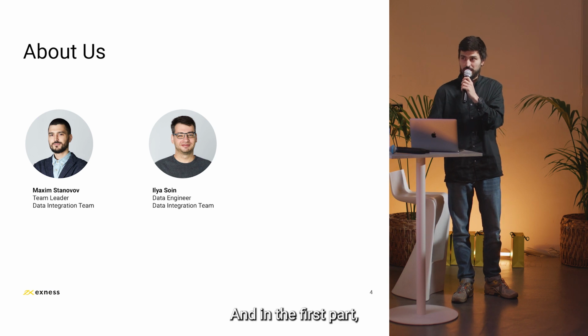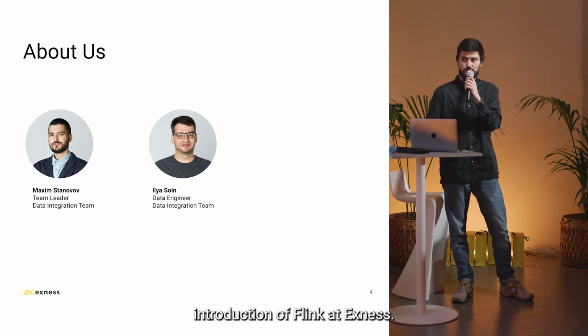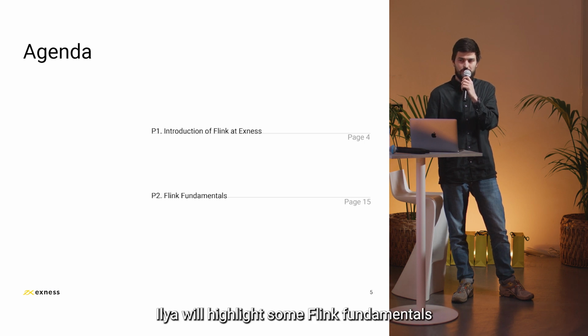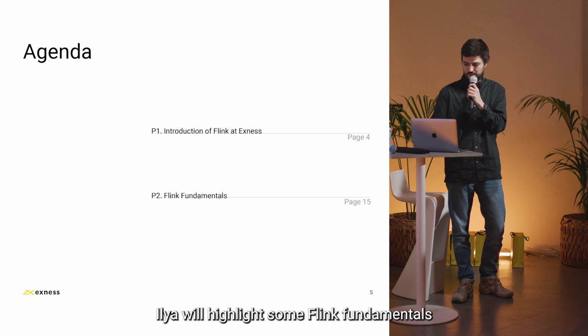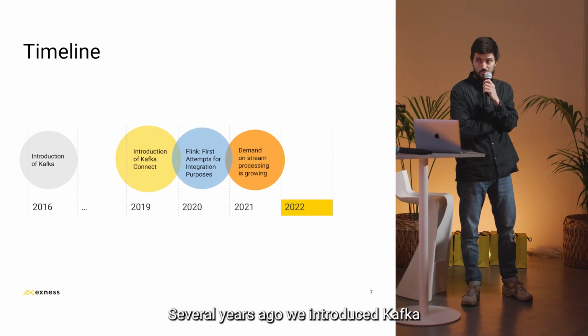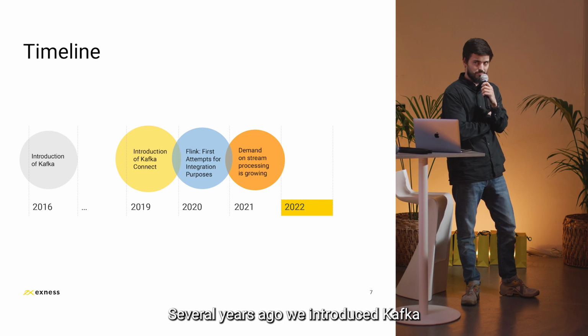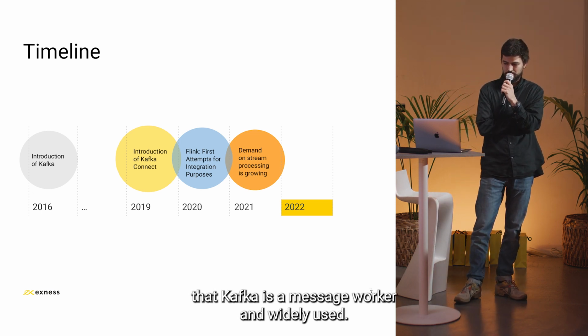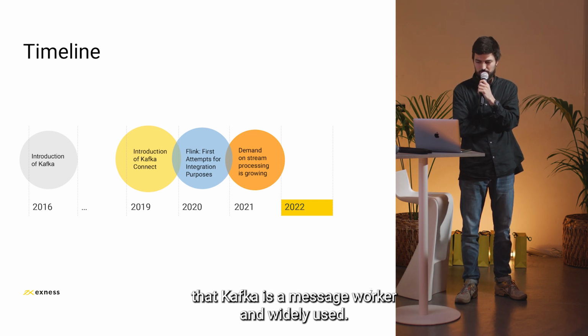In the first part, we will talk about the introduction of Flink at Exness. And in the second part, Ilya will highlight some Flink fundamentals, so you could get more familiar with it. Several years ago, we introduced Kafka. I think all of you know that Kafka is a message broker and widely used.